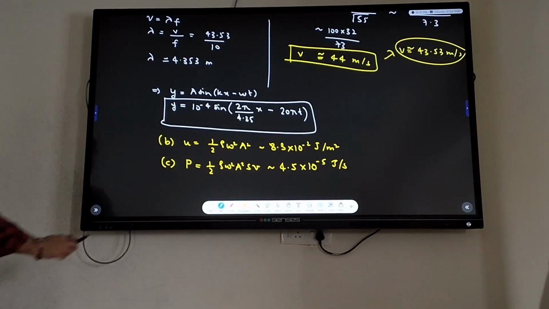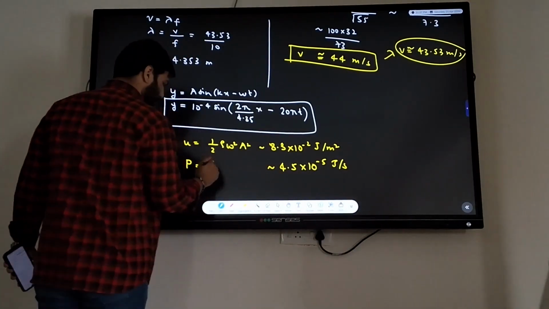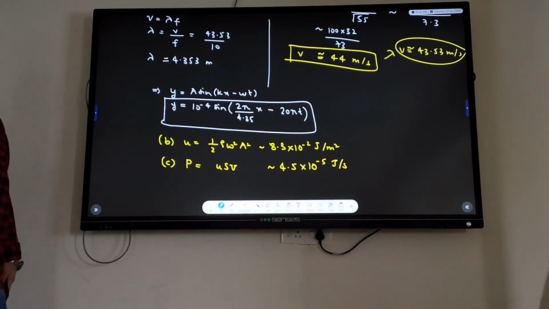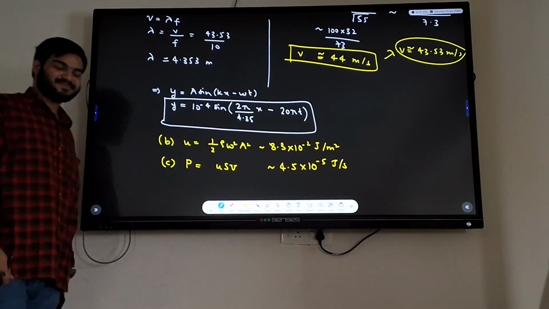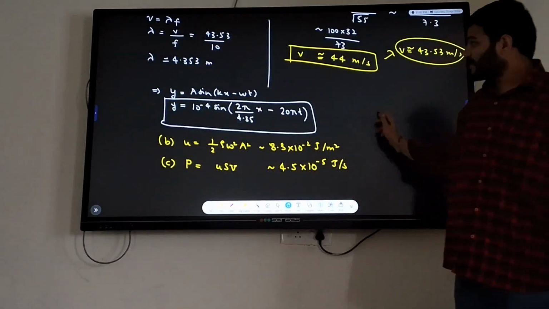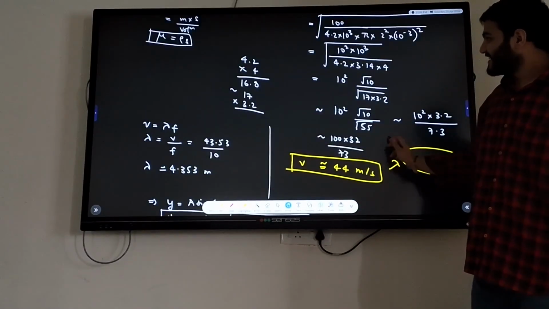By the way, you can equally do this, huh? U into S. ये भी कर लो चल जाएगा. ठीक है? Once, can you scroll up? Scroll up. You want to look at my beautiful approximation. Yes.